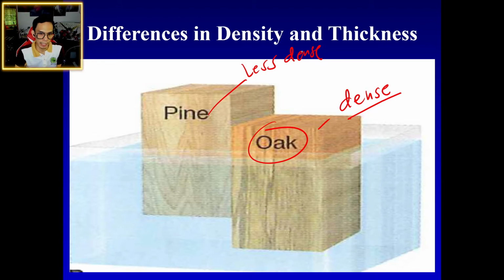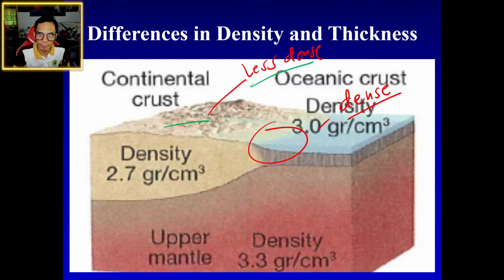As I said earlier, if the object has less density, it will float higher above the water. So in this case, the pine wood floats higher above the water because it is less dense.